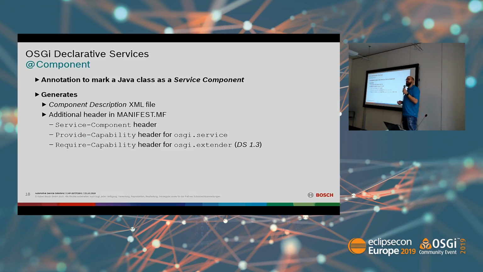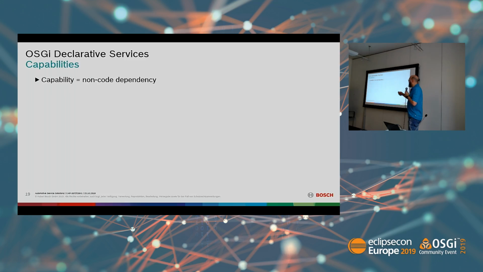Who of you knows about capabilities? Okay, just for the record, only two. Short excursus on capabilities. You all know about import package, export package, and require bundle, right? Yes, okay. So this is the way you are creating bundle dependencies on a technical level.